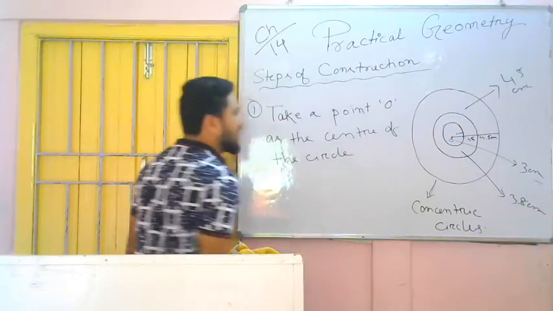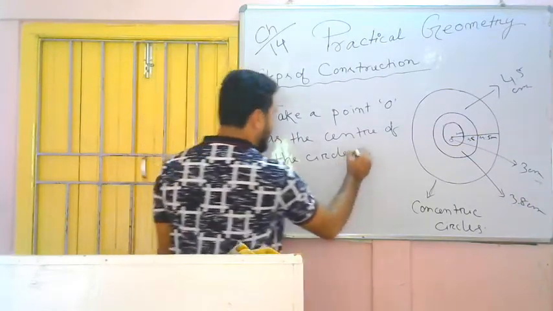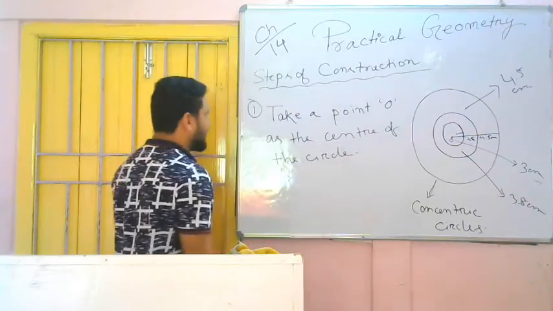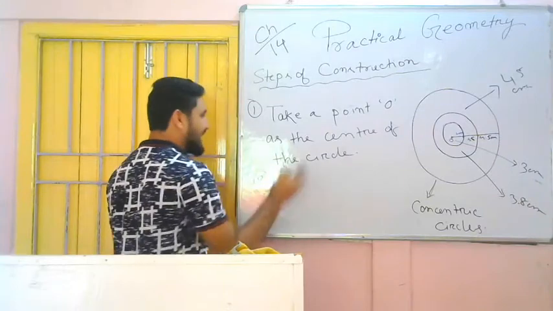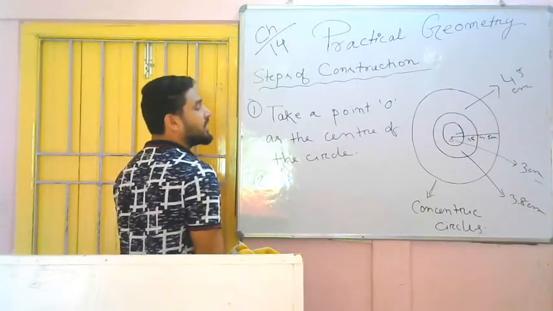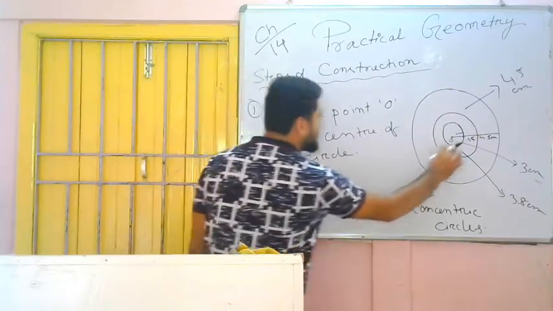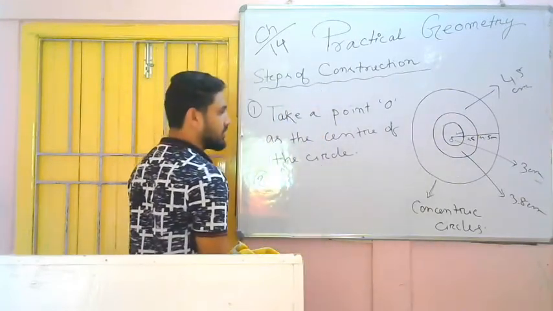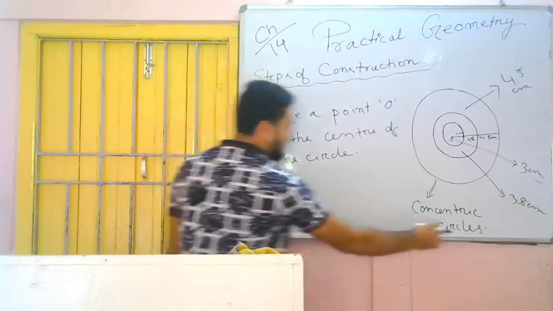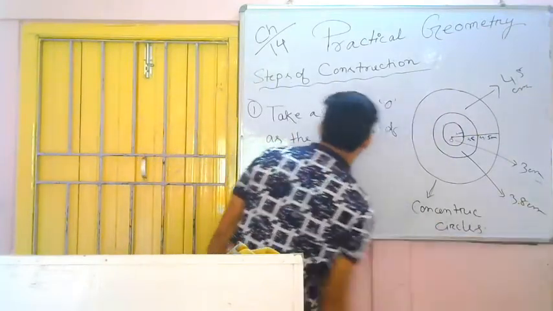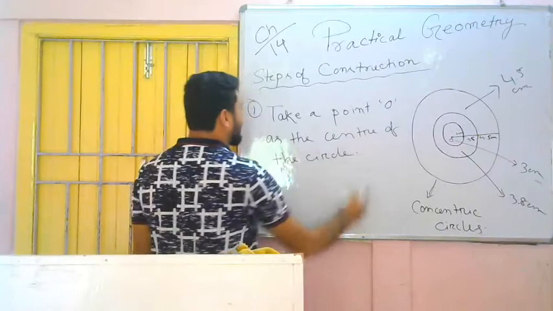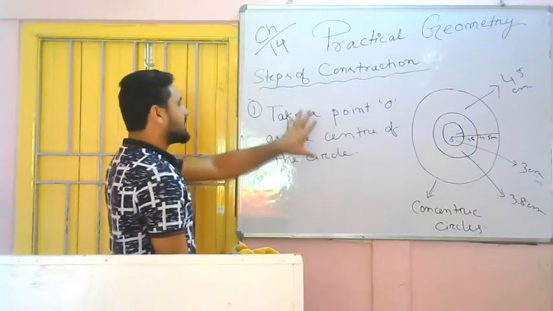Number 2, as earlier, how we have drawn 3.5 centimeter, all the steps will be the same. After that we will change a few steps. Write these lines correctly in your copy.